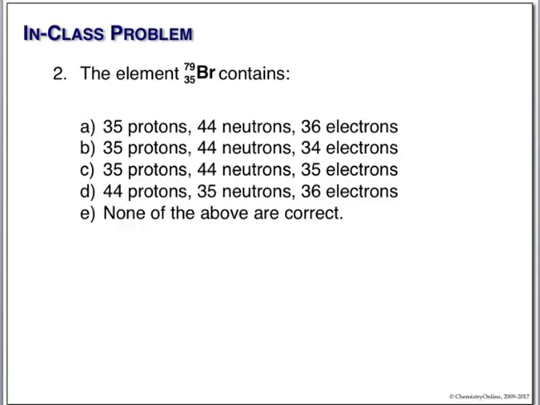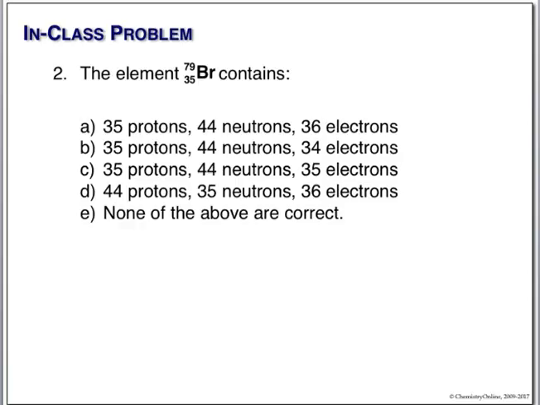Now, how about electrons? How do we know what the charge on this thing is? Whenever you show a charge on an atom, you show it after the symbol as a superscript, and it will be plus or minus depending on what the charge is. If it's neutral, you don't show anything.